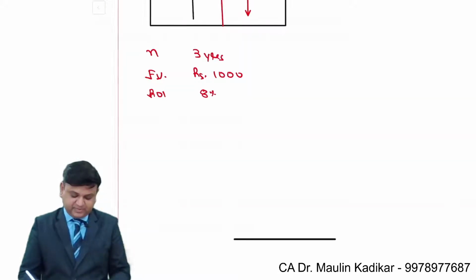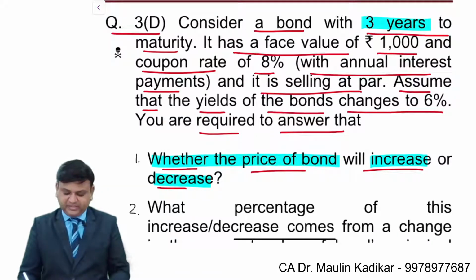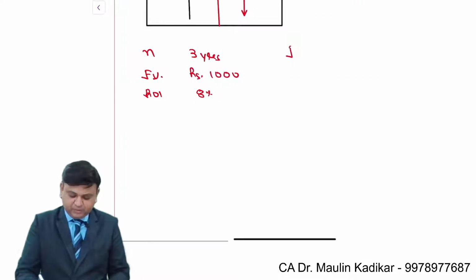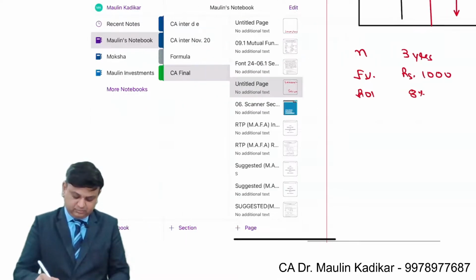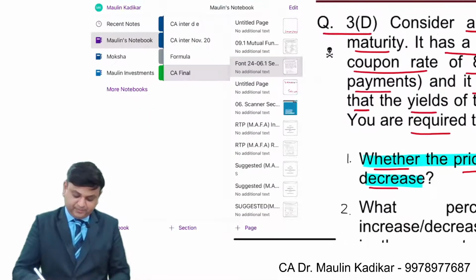Rate of interest is 8%. With annual interest payment, that's fine. And it is selling at par, so P0 is rupees 1000. Assume the yield on the bond changes to 6%.